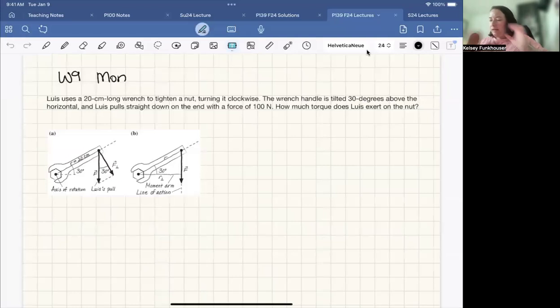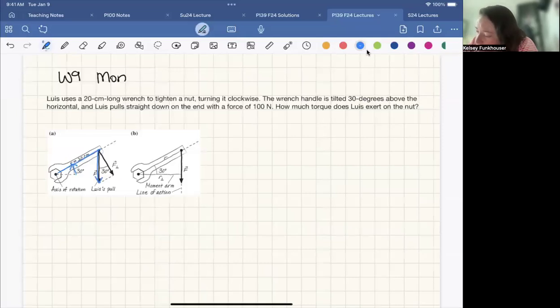We have a nice diagram that indicates exactly the situation being described. What we can see is a force that acts straight down, but the wrench itself is at an angle of 30 degrees. So this is a place where we don't have the angle between the force and the radial line. We have a different angle.